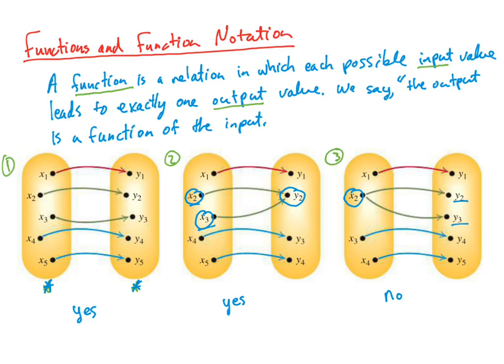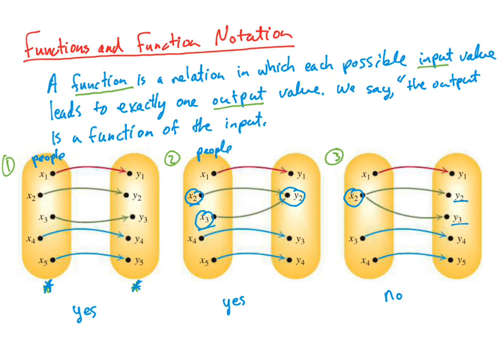One way that we can conceptualize this idea is if you think about the way that people have birthdays. So let's say the left column in each of these relations contains a group of people, so they each contain 4 or 5 people.